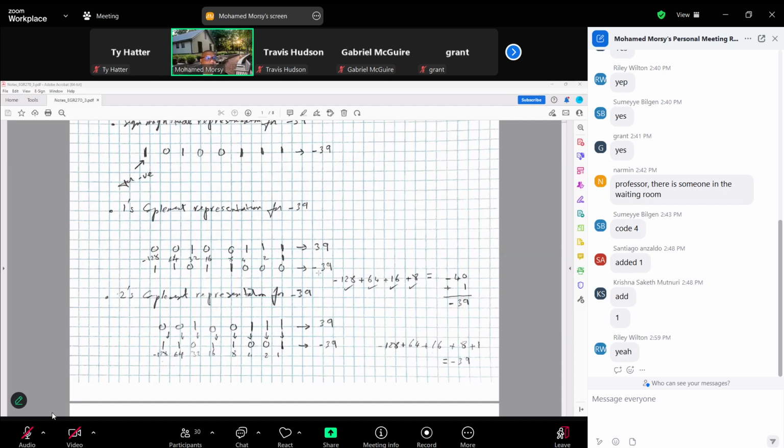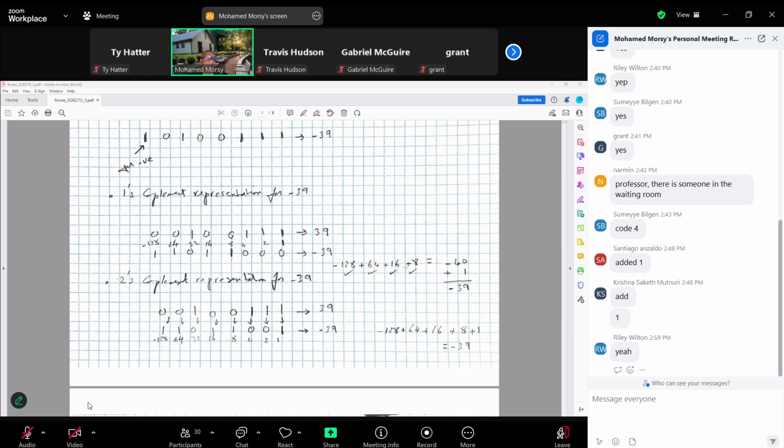We know this number 39, but we don't know this number yet. So we invert the bits here. Then to make sure we have minus 39 here, we put the weights as listed here. Then we add them up. So we got minus 40 plus 1. So we got minus 39.